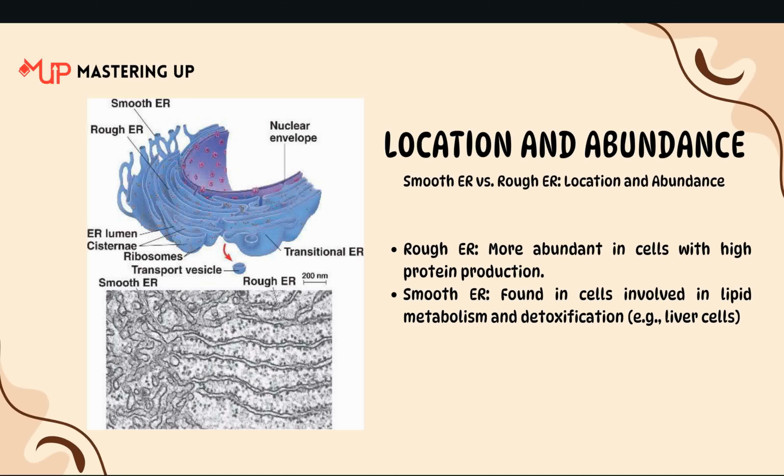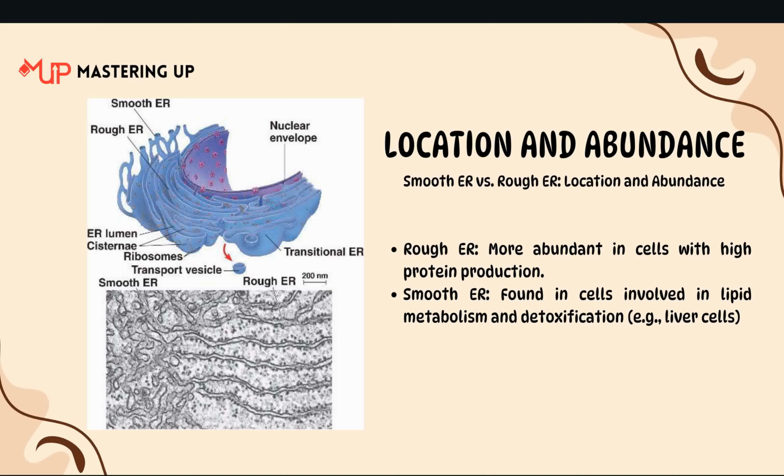And wherever lipid synthesis and detoxification are needed, the smooth ER is in abundance, such as in liver cells. So for rough ER, you can keep the example of pancreatic cells, and for smooth ER, the liver cells, where detoxification and lipid metabolism occur.